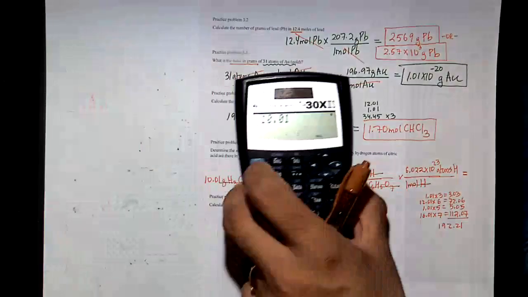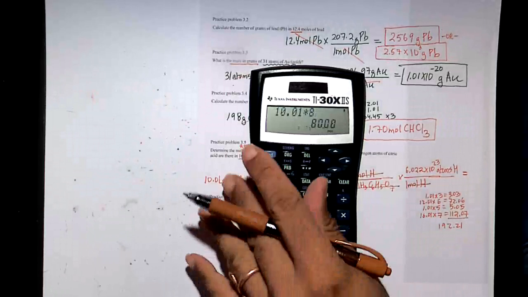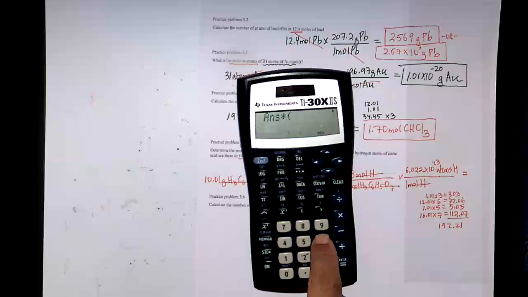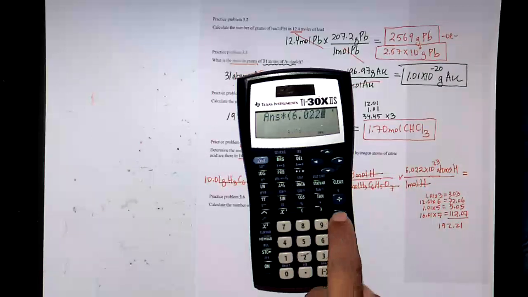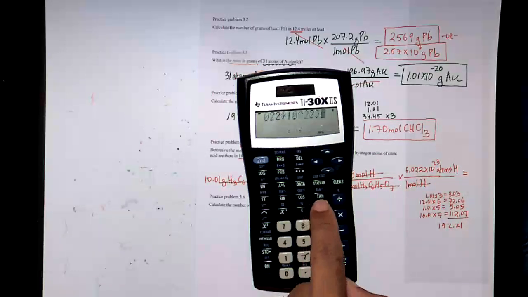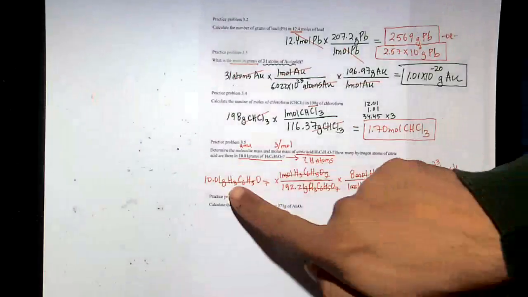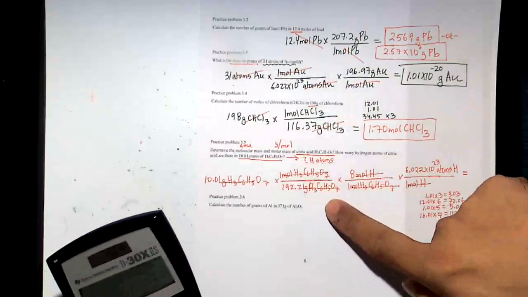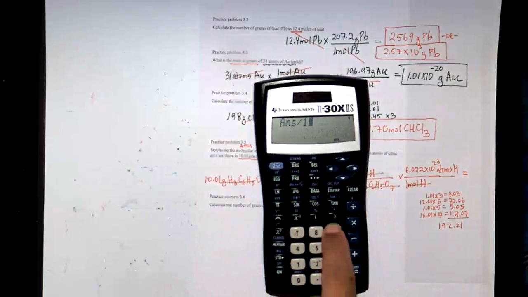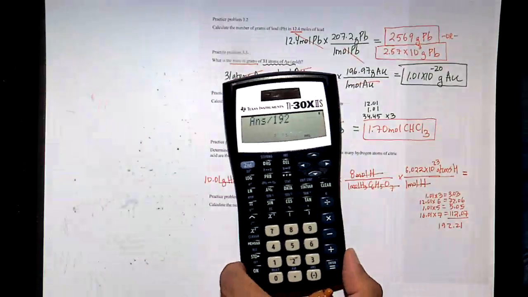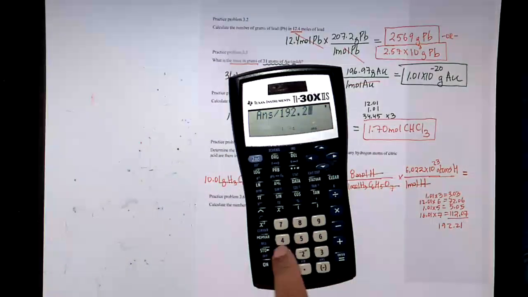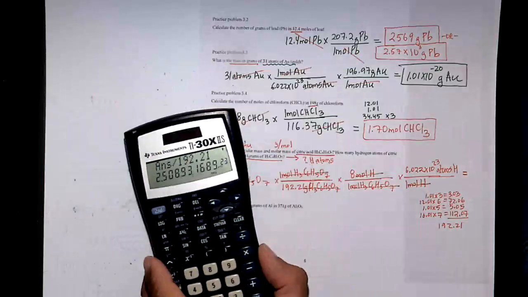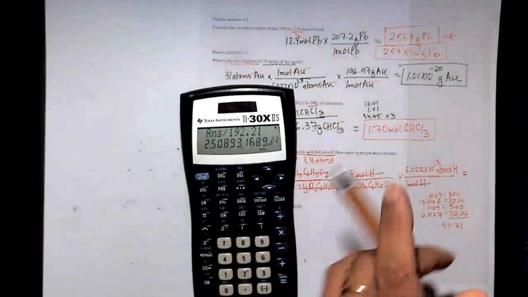So 10.01 times 8 times 6.022 times 10 to the 23rd is equal to that number, and we're going to divide it by this. 2.51 times 10 to the 23rd is what I am getting.